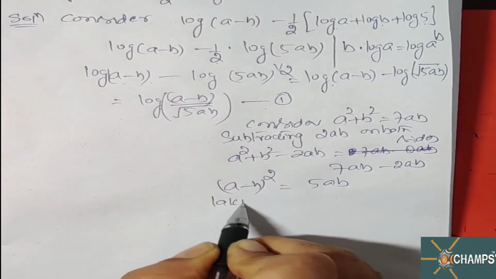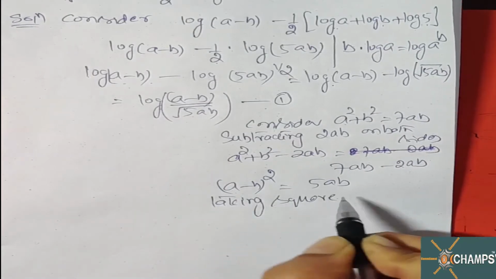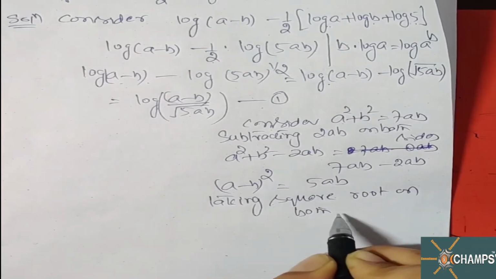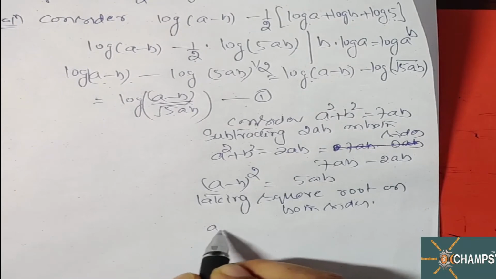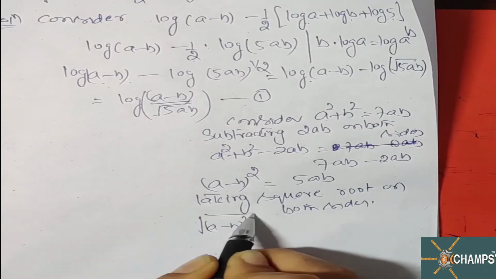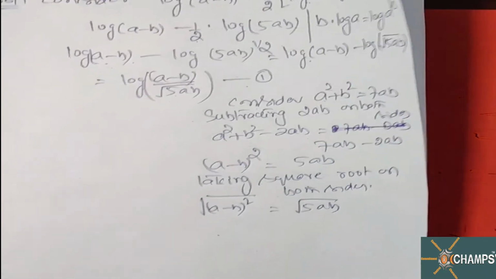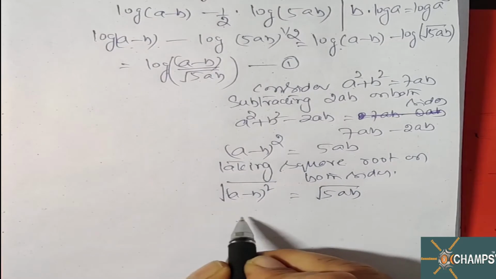Taking square root on both sides. So a minus b whole square under root is equal to 5ab under root.